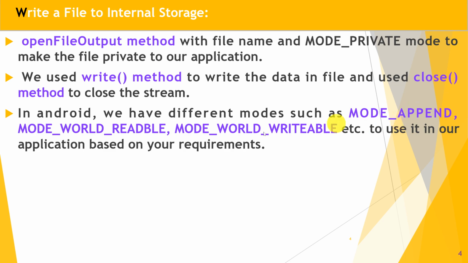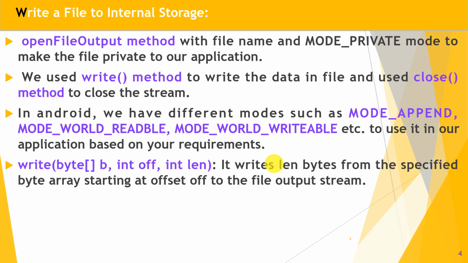So these are different modes in which we can open the file. Again, one write method is there which takes three arguments: write byte array, then integer offset, then integer length. It writes the length bytes from the specified offset to the file output stream. Great.